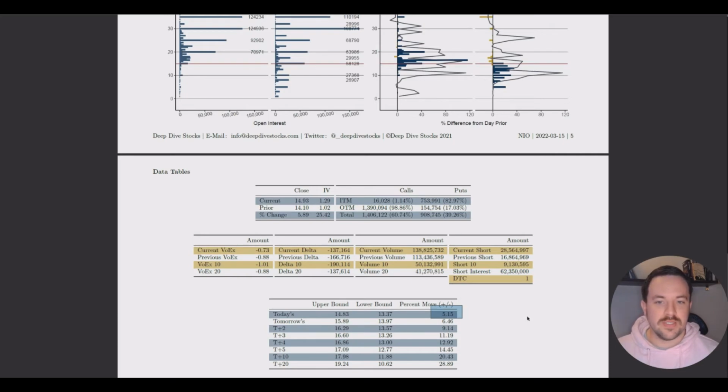It's only about 0.74%, if I can do my math right, more than the boundary that the market would expect NIO to stay within. And we see that tomorrow, the expected movement is plus or minus 6.46%, giving it an upper range of $15.89 and a lower range of $13.97.